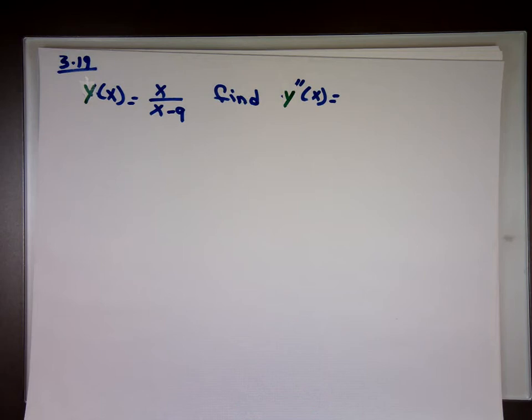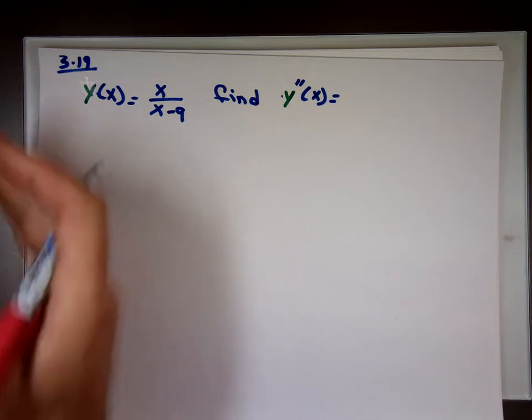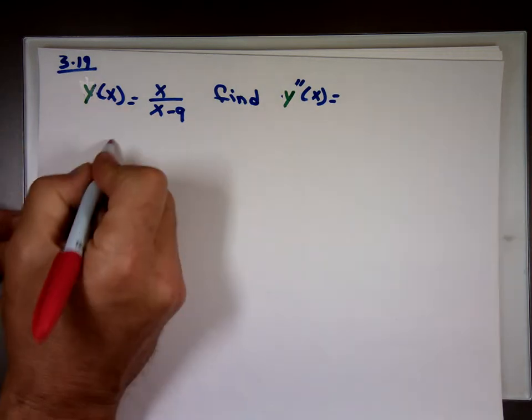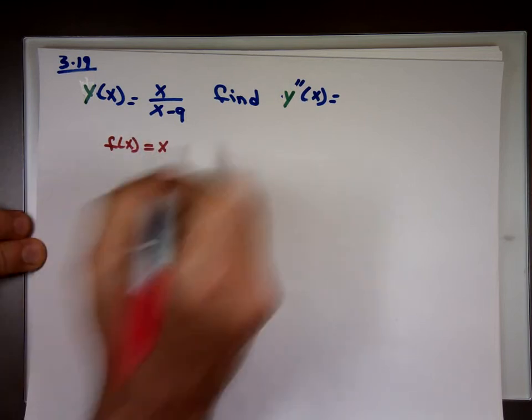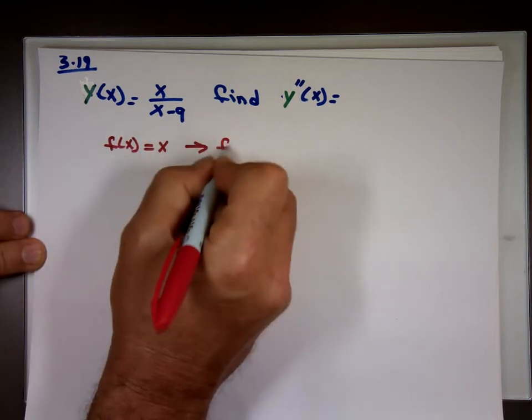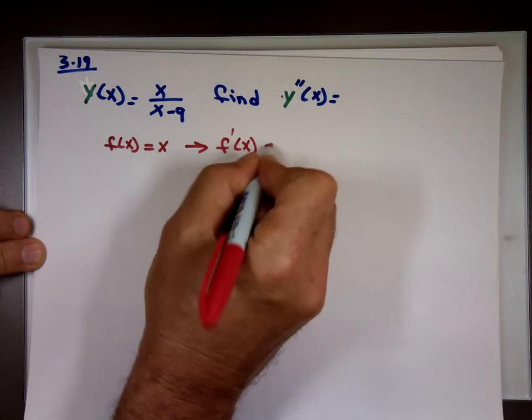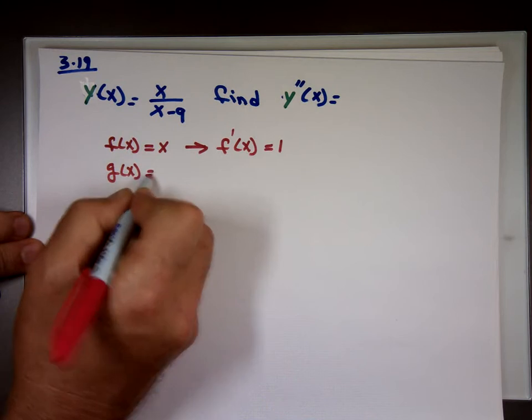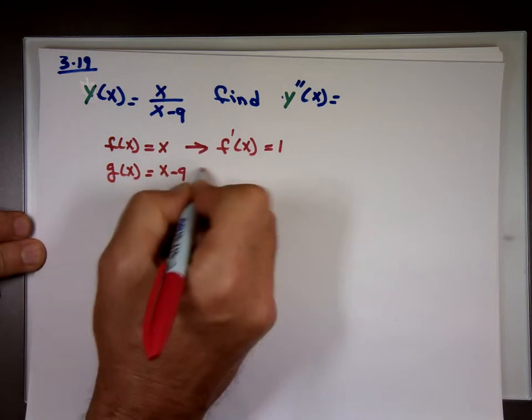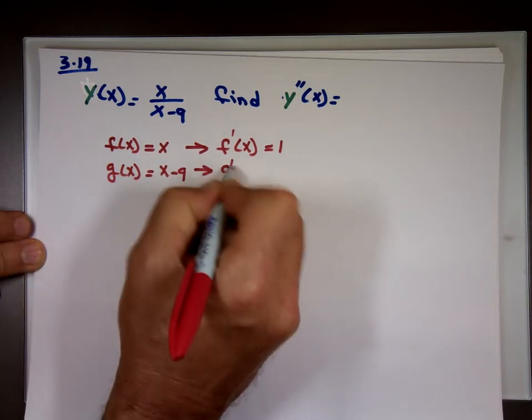This way there's no mistake in which one's f, which one's g, and all that. So f of x is equal to x. The derivative of that is equal to 1. G of x is equal to what? X minus 9. The derivative of that is also 1.